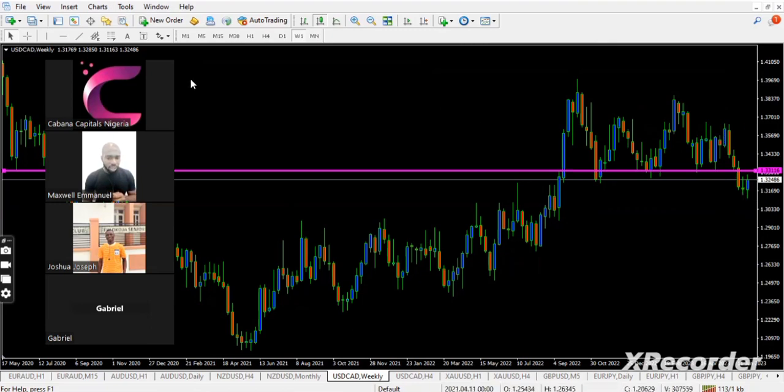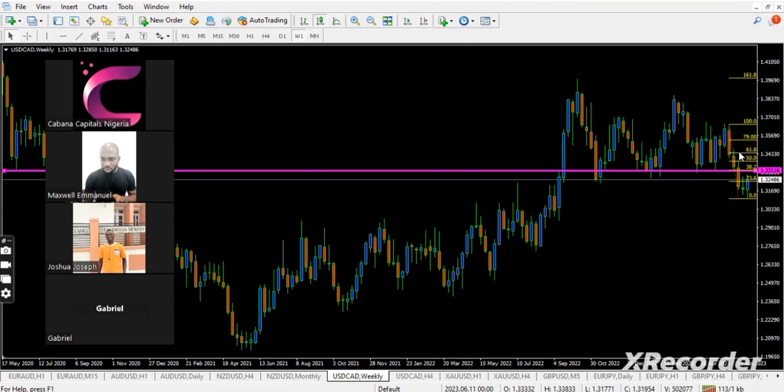So on the weekly, you could apply your Fibonacci to know how far price would retrace. So you could apply Fibonacci from the swing high to swing low. You have level 61 and you have level 79.0. Now, at level 61, do we have a key support?